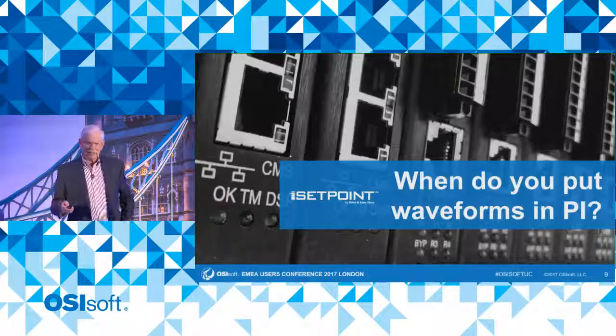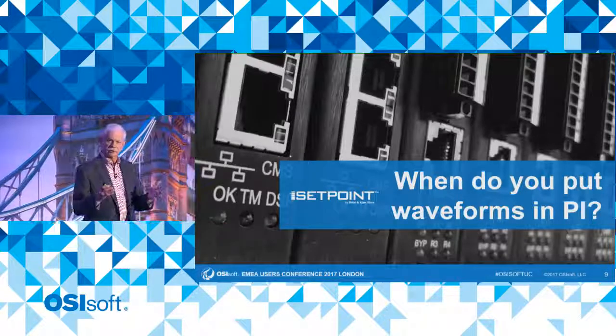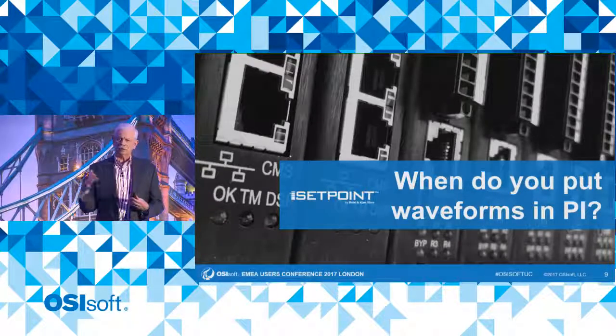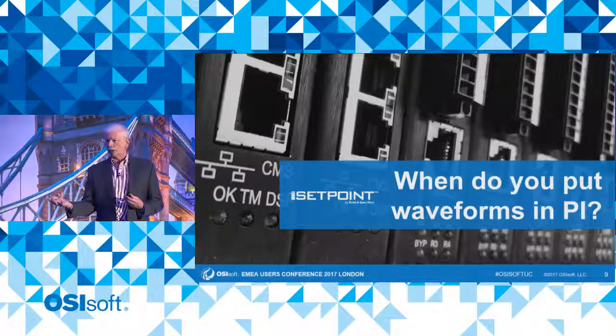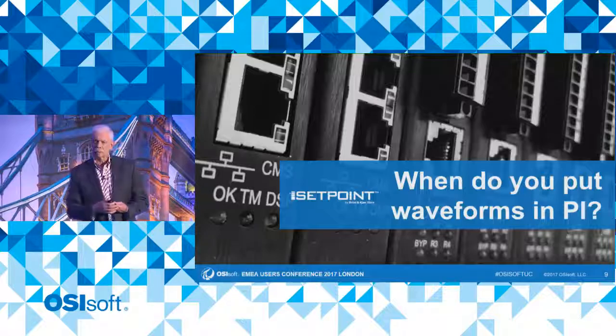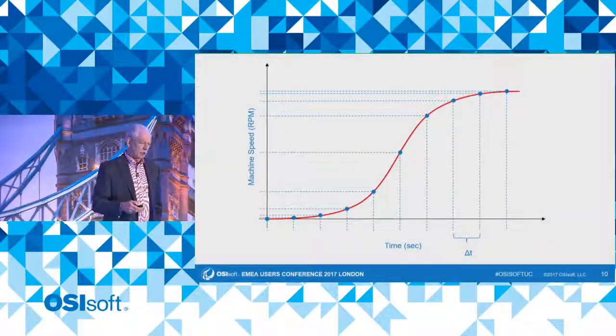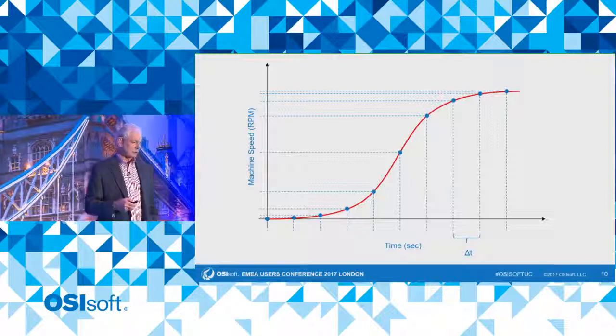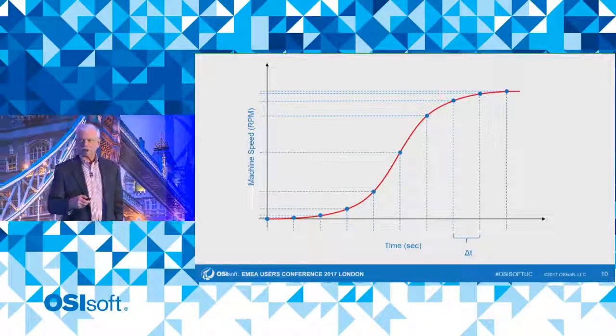So one of the reasons that our device is considered an edge device is because we have to intelligently decide what vibration data we are going to send to the PI server, and what data we do not have to send because it's not interesting. Here we have the way that data is typically provided.